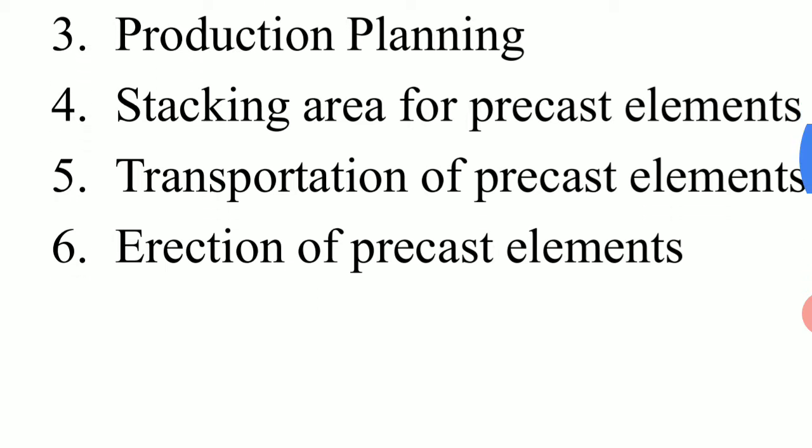And then the production planning. This stage involves how much quantity of materials we require for the production, and when exactly we need to prepare those elements, because in the construction process we are going to follow a certain hierarchy. For example, first it will start with the foundation, and then comes the column, right?